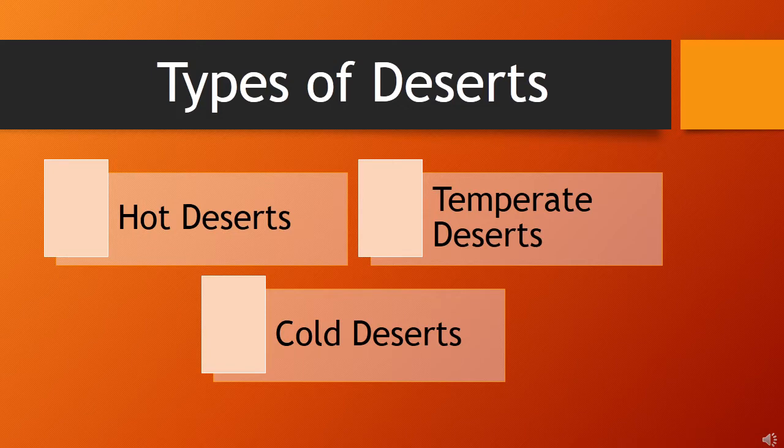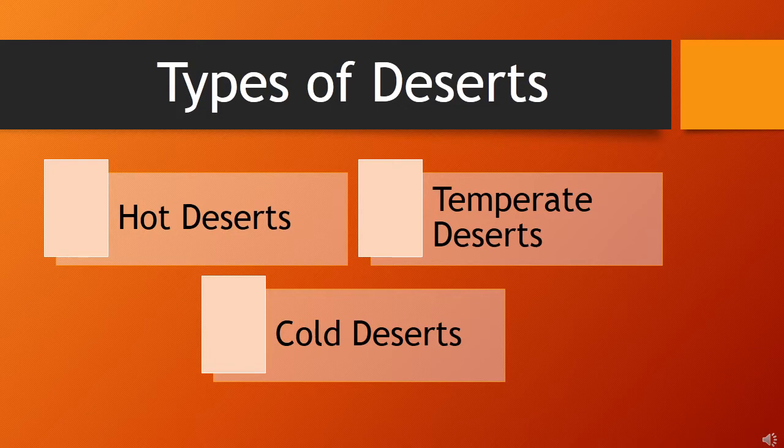Of course, the Atacama Desert is an example of a temperate desert also, because in some parts of South America there is snow at times.